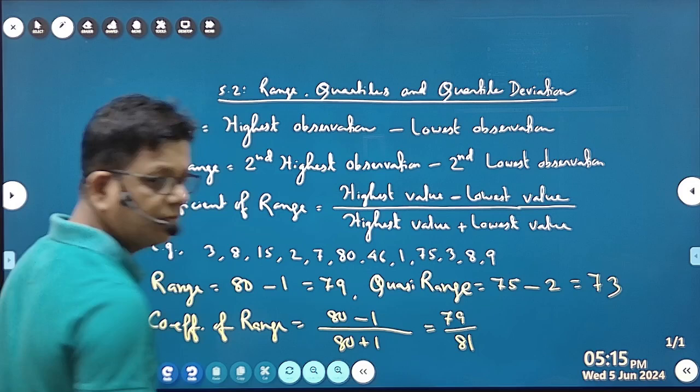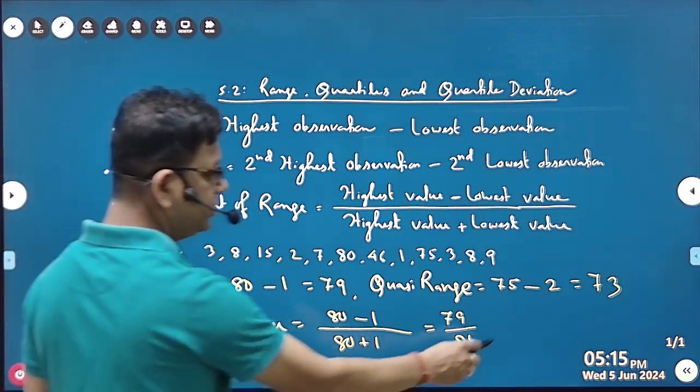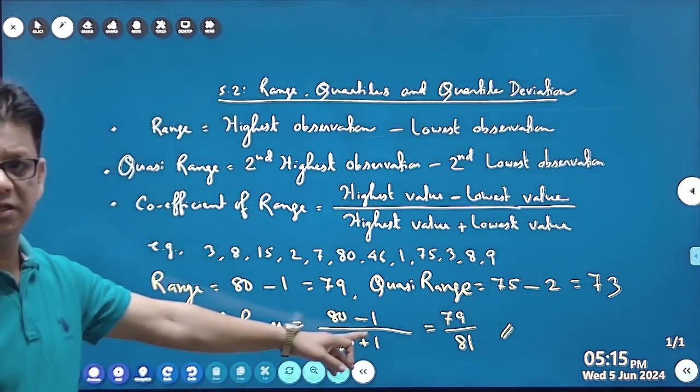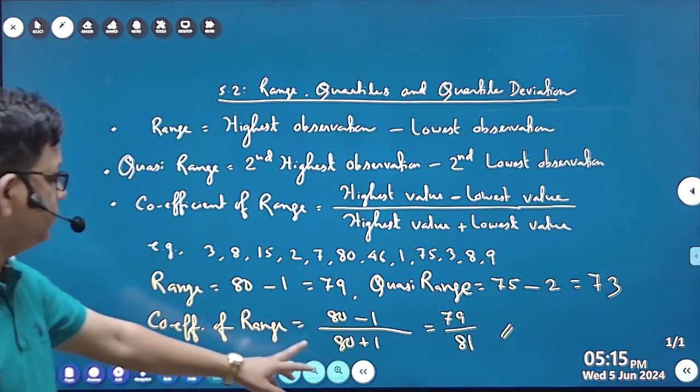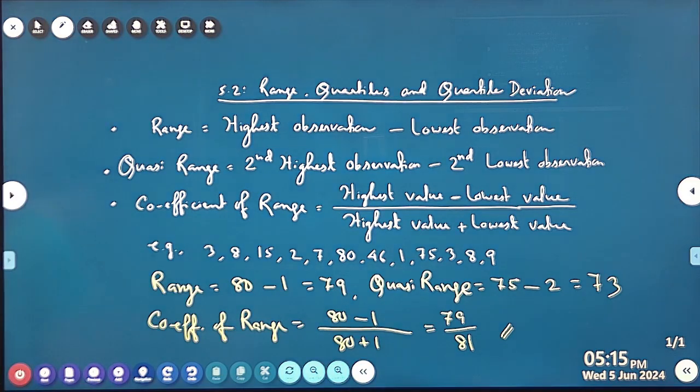Yes or no? If it comes in exam in decimal form, you convert to decimal. If it comes in fractional, keep it in fractional. Mostly it comes in decimal, so you will convert. Otherwise, this is the simple definition of coefficient of range. We need to subtract the smaller value from the highest, and then in the denominator we need to add them. Getting it?